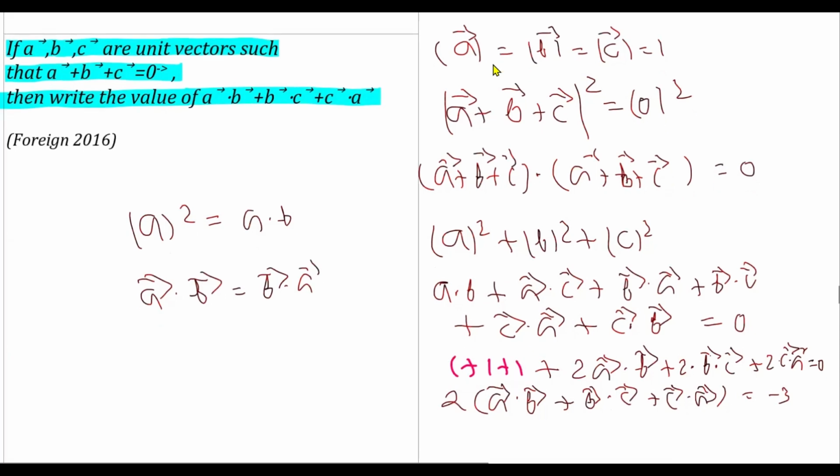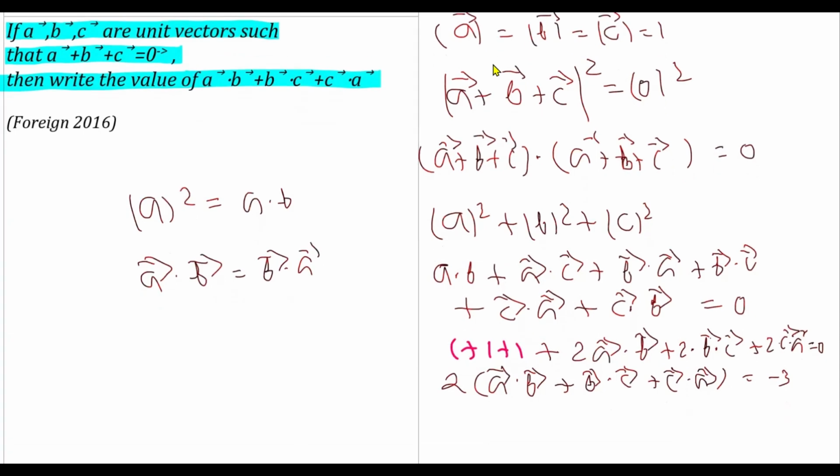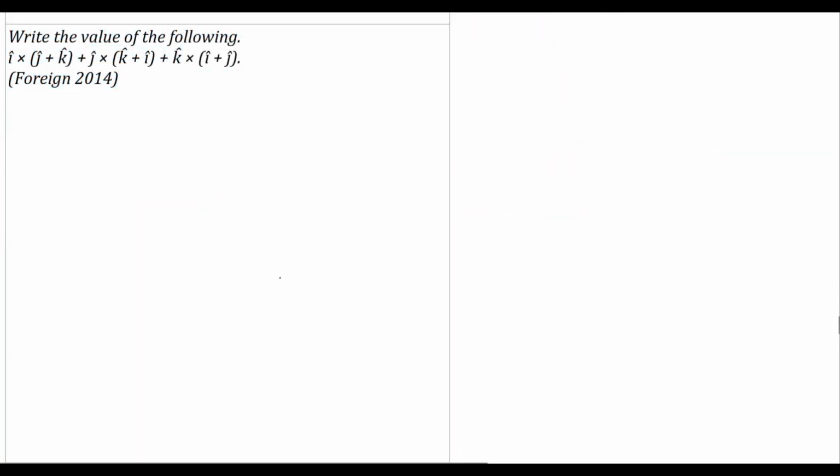Now in one more step, we are going to end this sum by transposing 2 to the other side. If I take this 2 to the other side, it will be divided by 2. So this is what we had to get, and we got its value as minus 3 over 2.